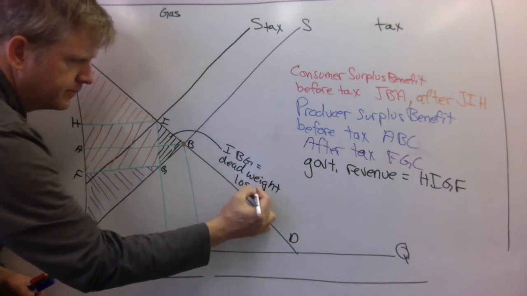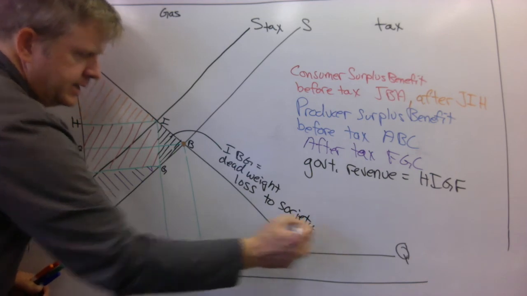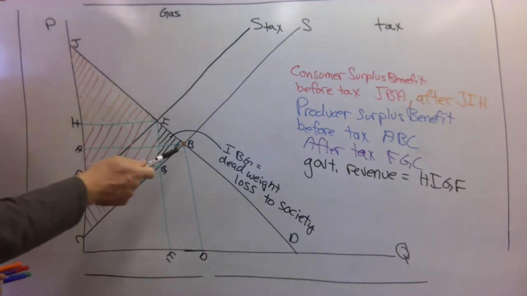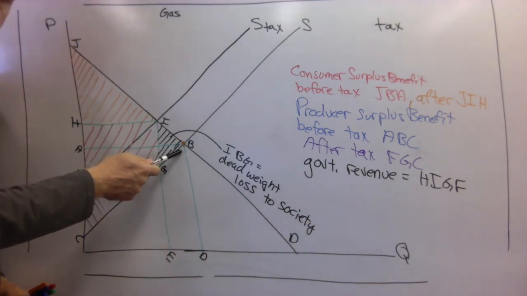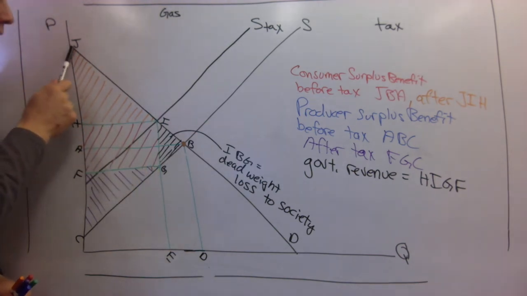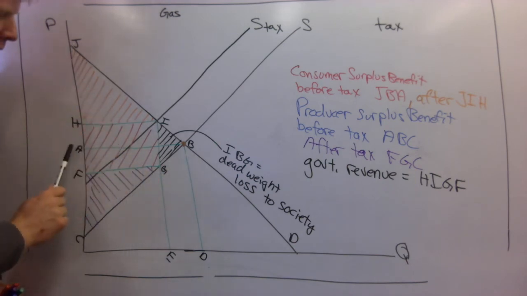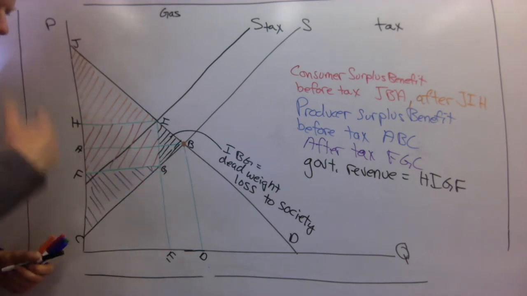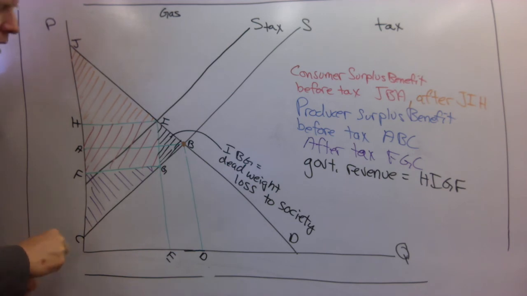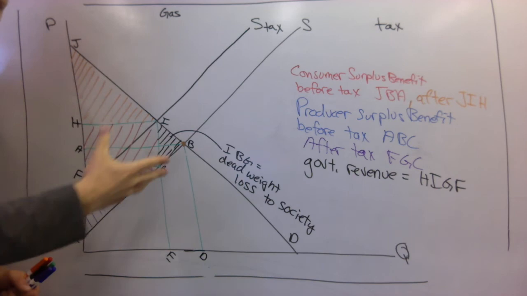loss to society. What we mean by that is that if the market were allowed to allocate gas at point B, we'd have a net benefit to society of the sum of consumer and producer surplus, JBA and ABC. But because the market is not allowed to get there, the market is only allowed to be here because of the tax, we do have a reallocation of resources.